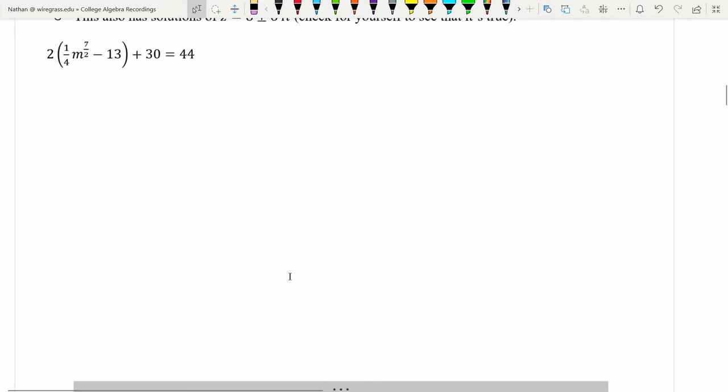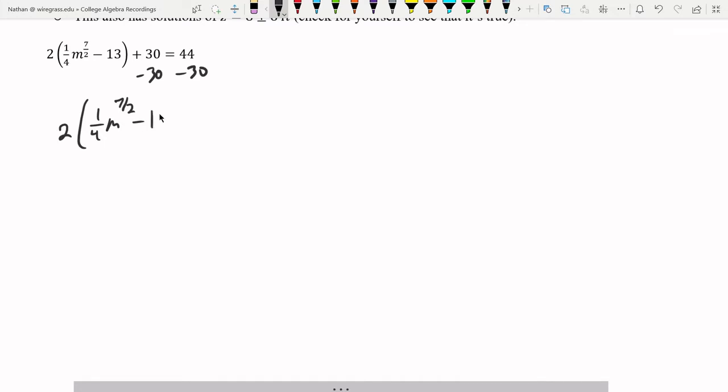Okay, for this next one, I'm going to do the same kind of process. I'm going to get the variable with the power by itself. So I'm going to subtract 30. Let's see, 1/4 m to the 7/2 minus 13 equals 14. Divide by 2.